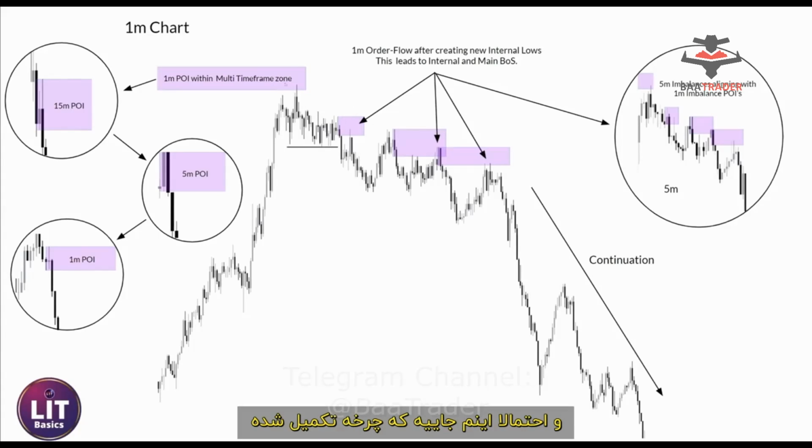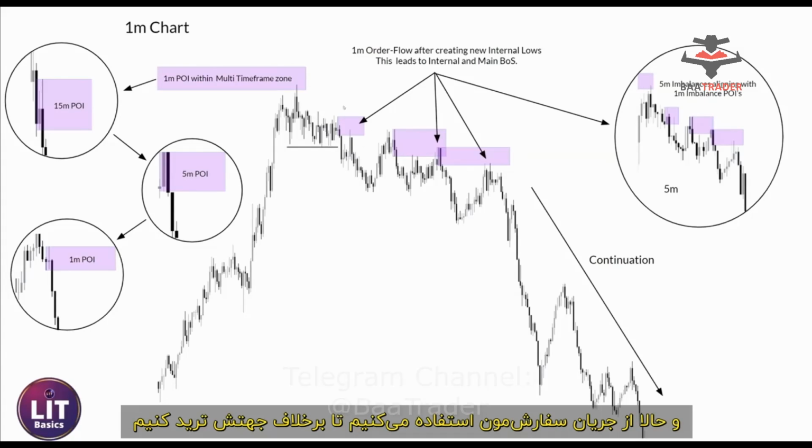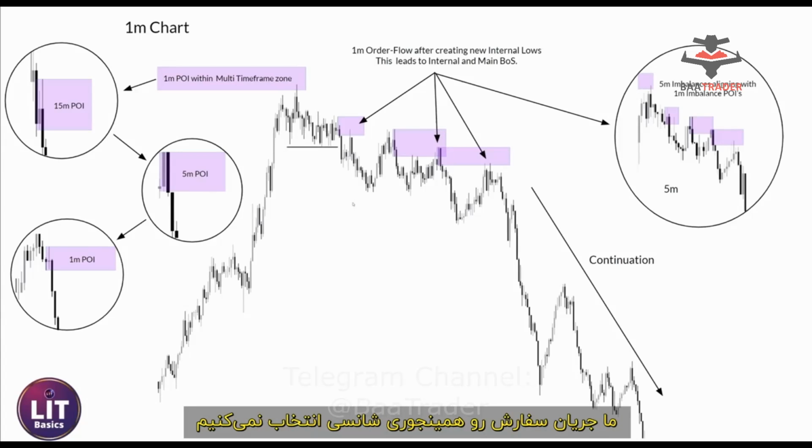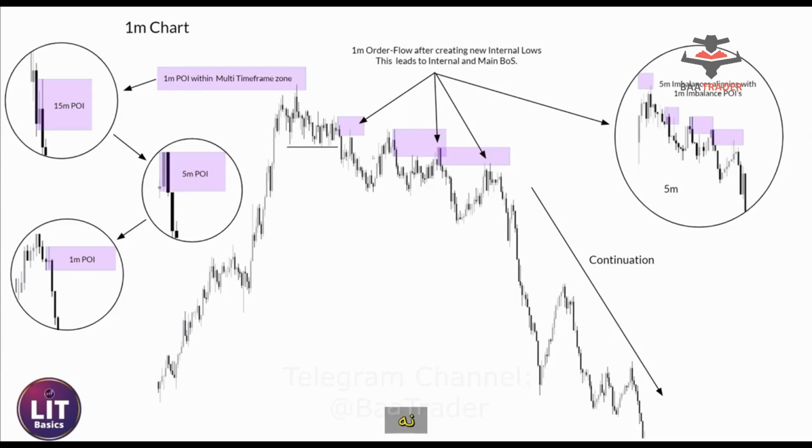And this is where the cycle is probably complete as well. We're now using our order flow to trade away from that. We don't just pick random order flow. You wouldn't just say, oh yeah, we're going to trade this order flow. No, it has to be in line with our concepts first, and then it comes into play.